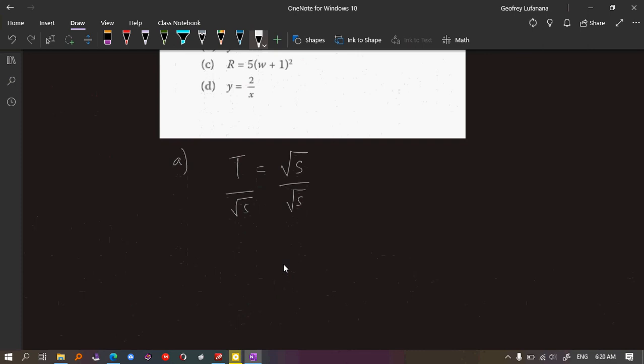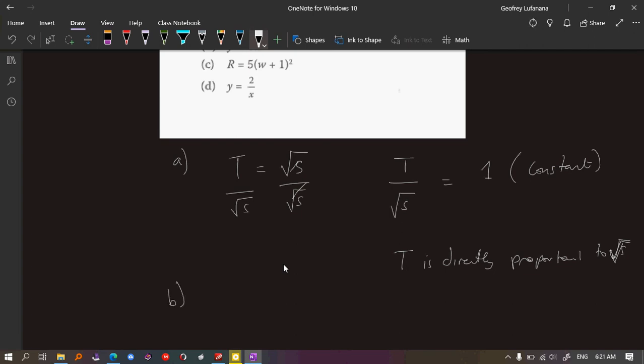This means that t divided by square root of s equals 1, which is a constant. So t is directly proportional to square root of s. Please note, it's not directly proportional to s, but it's directly proportional to the square root of s.